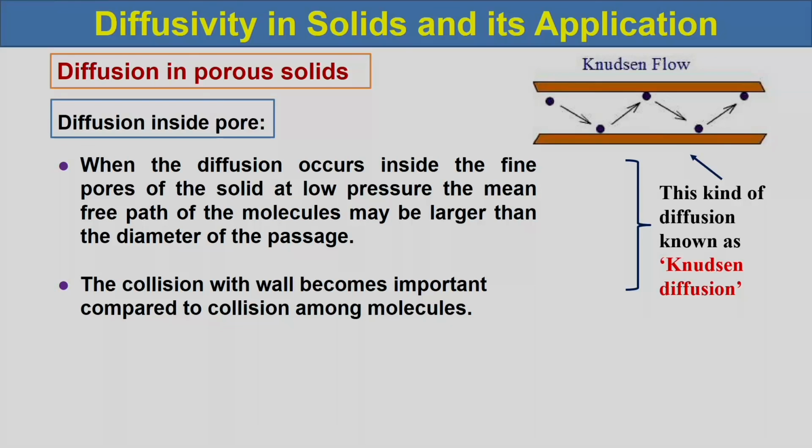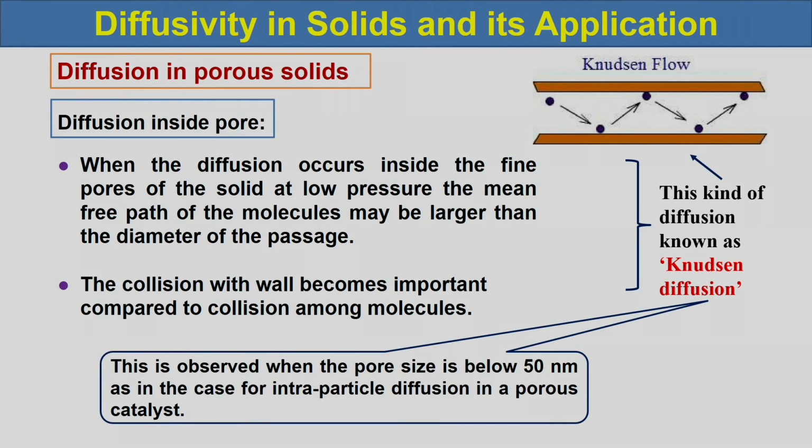channels and collide with the wall of the passage, and in this case the mean free path of the molecules is larger than the diameter of the channel. So, this we can call the Knudsen diffusion, and in this case the collision with the wall is important compared to the collision among the molecules.